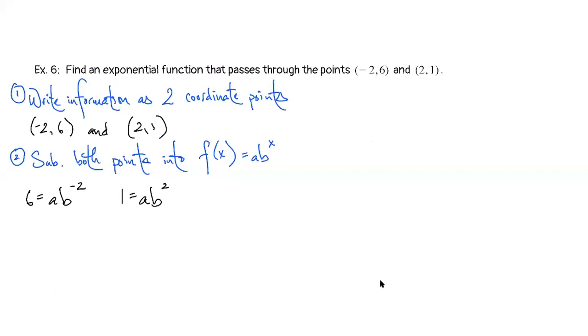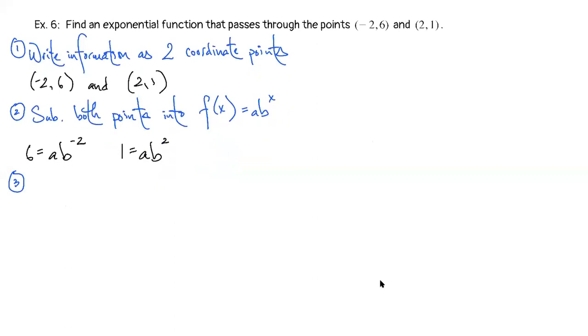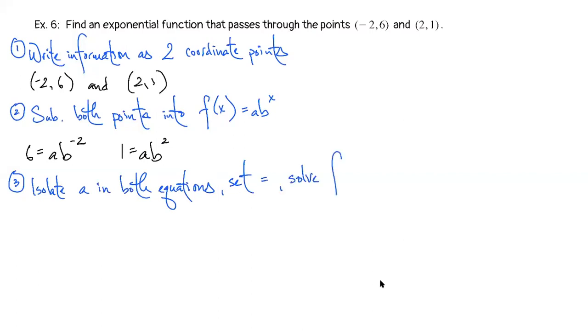Right? So step 3. We're going to go ahead and isolate a in both equations. So isolate just means get the a all by itself in both equations. We're going to set them equal, and we're going to solve for b.